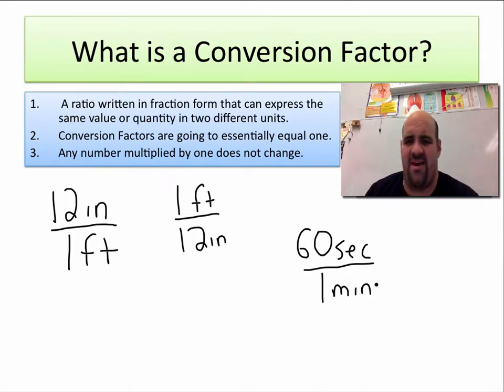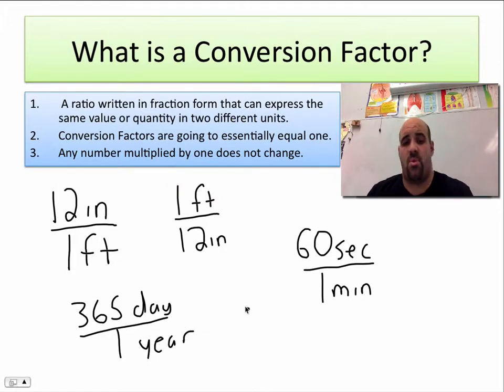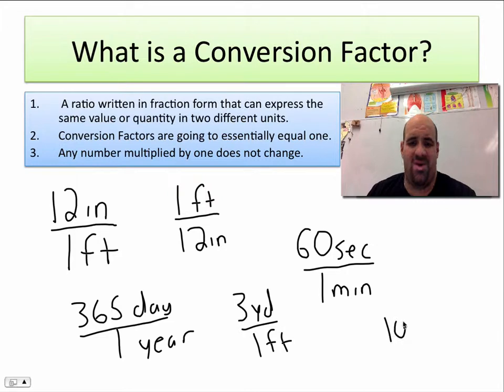That is a conversion factor. 365 days in 1 year, that is a conversion factor. 3 feet in 1 yard. These are all conversion factors. 100 centimeters in 1 meter.